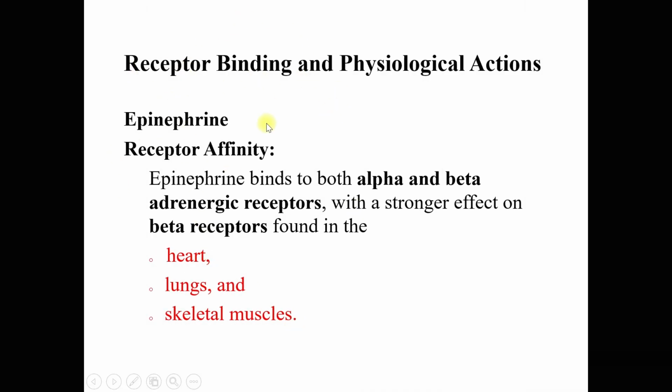Now let's see the difference between epinephrine and norepinephrine by receptor binding and physiological actions. Epinephrine binds to both alpha and beta adrenergic receptors with a stronger effect on beta receptors, which are located in the heart, lungs, and skeletal muscles.